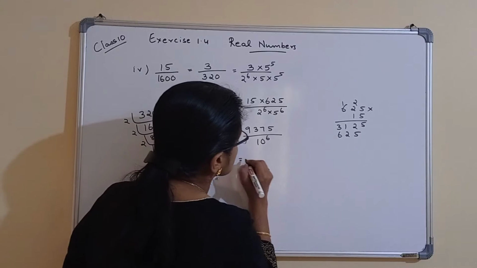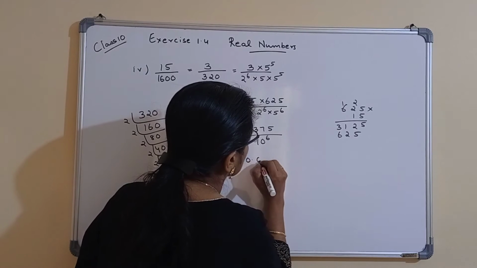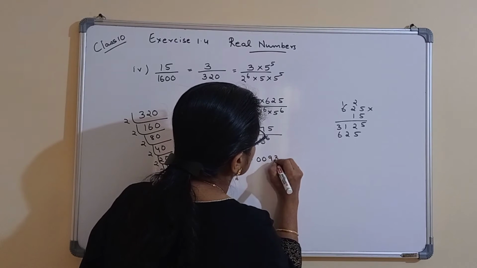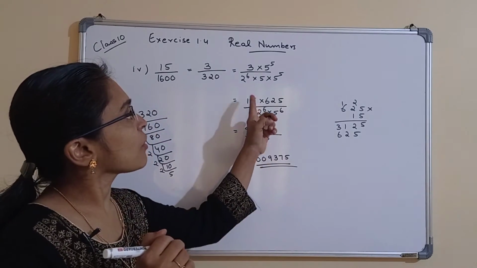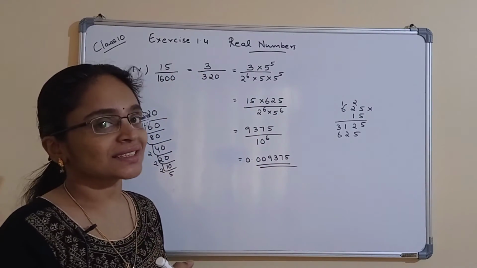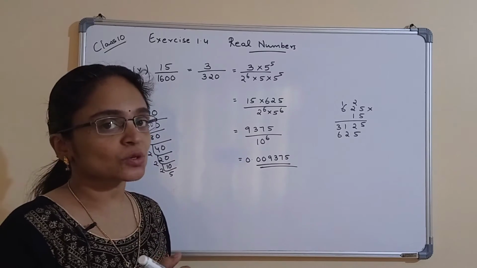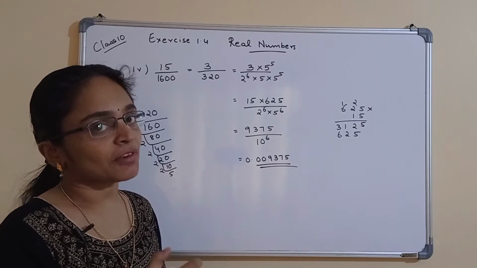So what is it equal to? It is 0.009375. So the decimal expansion of 15 by 1600 is 0.009375.